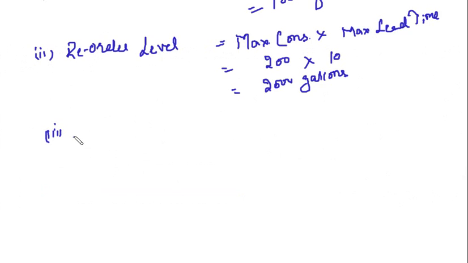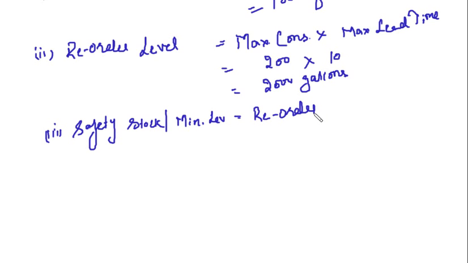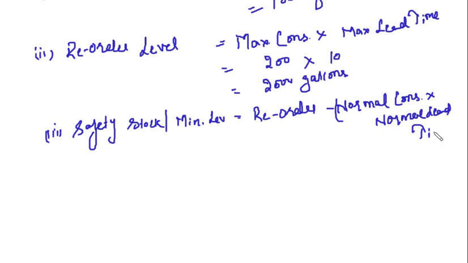Then the third part is safety stock or minimum level. So minimum level is reorder level minus normal consumption into normal lead time. What is reorder level? 2000 gallons.